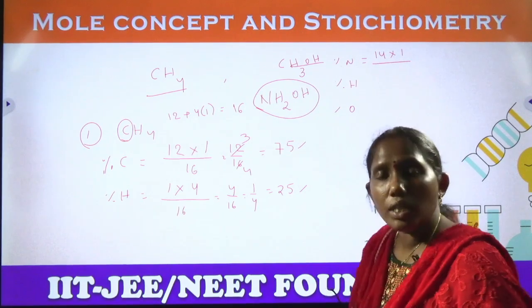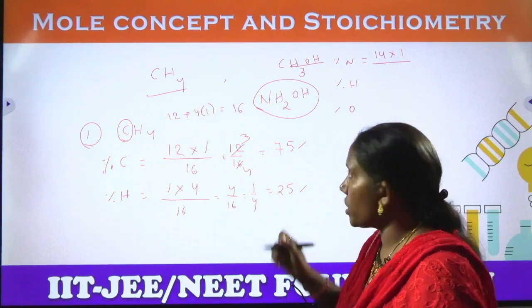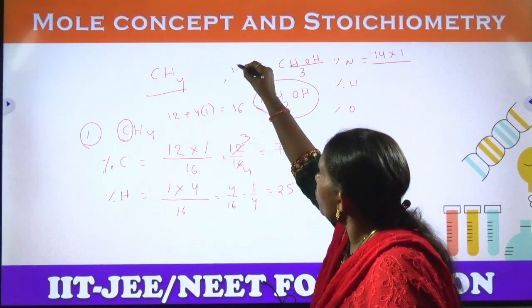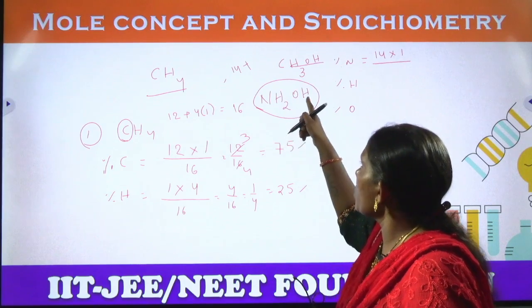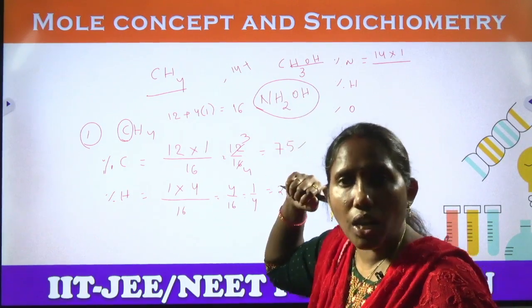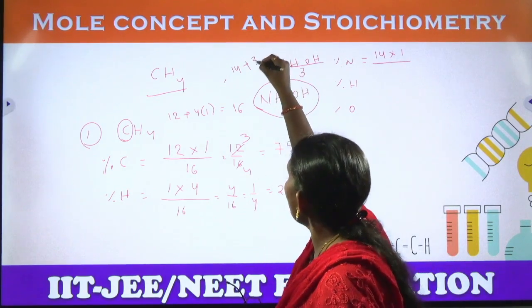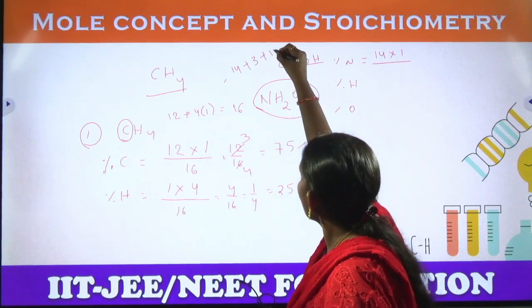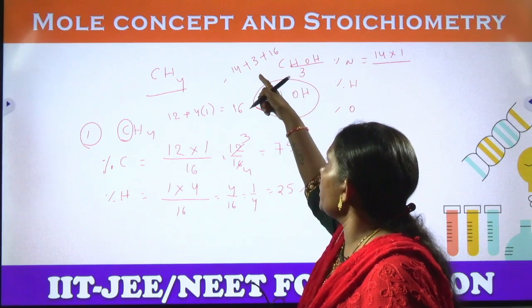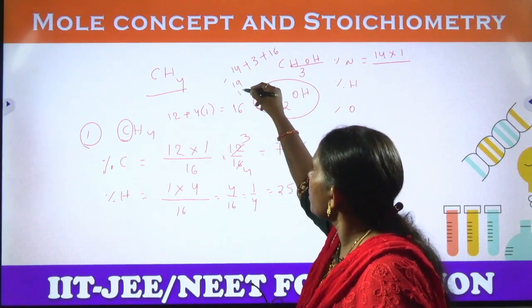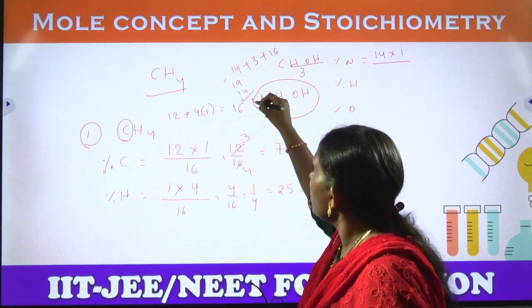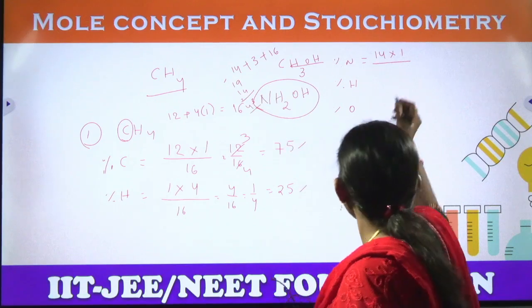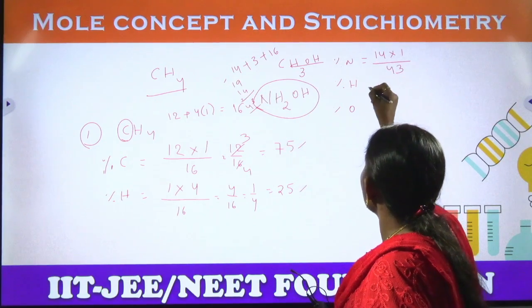Divided by the molecular weight of NH2OH. For nitrogen it is 14, plus 2 hydrogens plus 1 hydrogen, total 3 hydrogens. So 3 into 1 is 3, plus 1 oxygen is 16. So 16 plus 3 is 19, and 19 plus 14 is 43. So divided by 43.